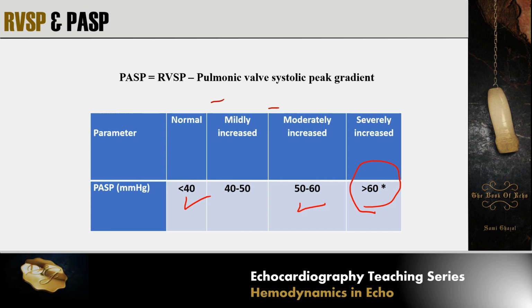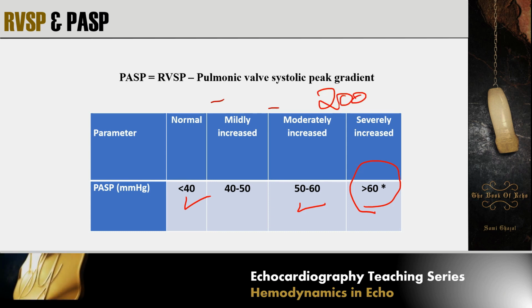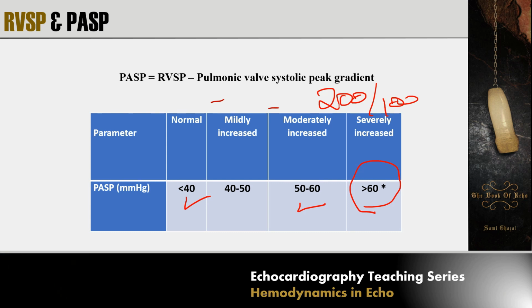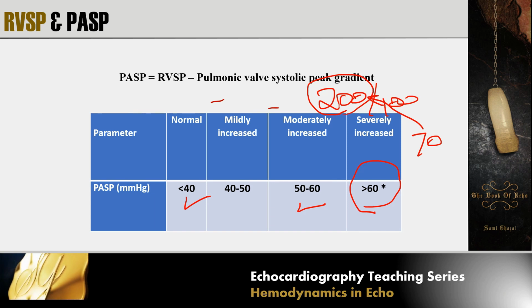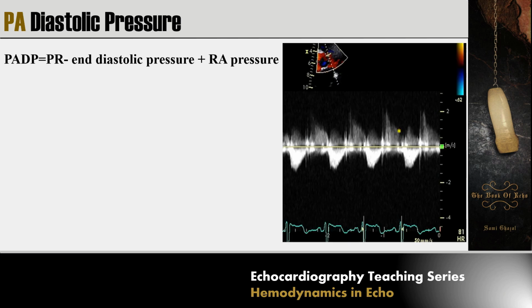So if the blood pressure is 200 over 100, so 200 is the systolic, and let's say the RVSP or pulmonary arterial systolic pressure is 70, it is moderate, it is not severe, because it's not 2/3 of the systemic systolic blood pressure. So it has to meet two criteria. One is more than 60, the other one is more than 2/3 of the systemic systolic blood pressure.